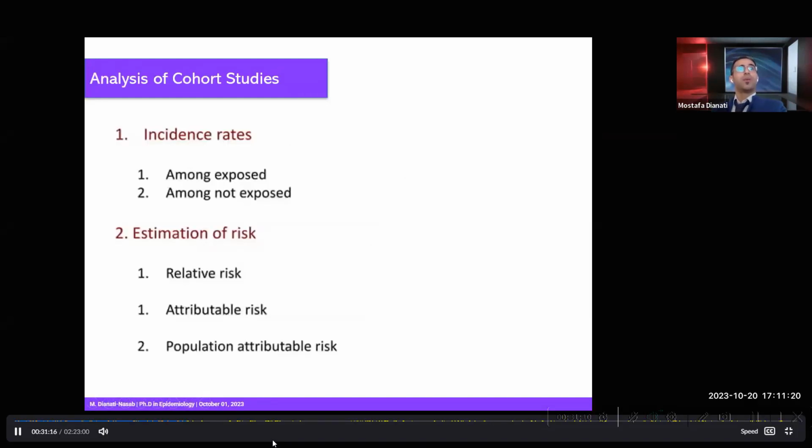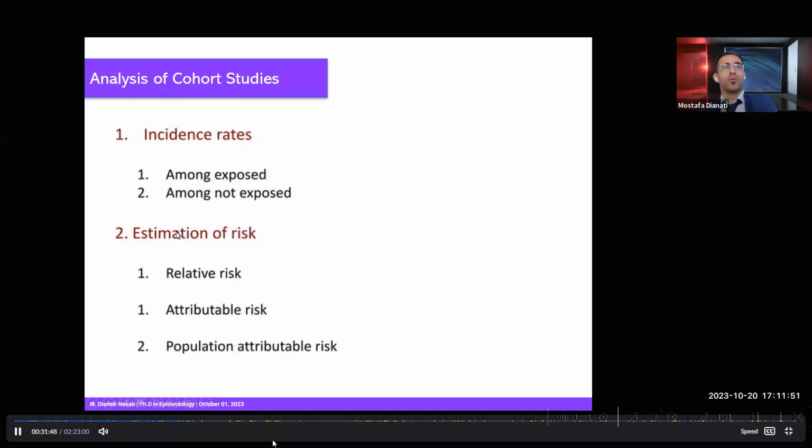So, in order to analyze cohort studies, as I mentioned earlier, and also wrote in our chat here, in cohort studies, we look at incidence rate. So key elements here: we look at incidence rate among exposed people, and also among non-exposed individuals.